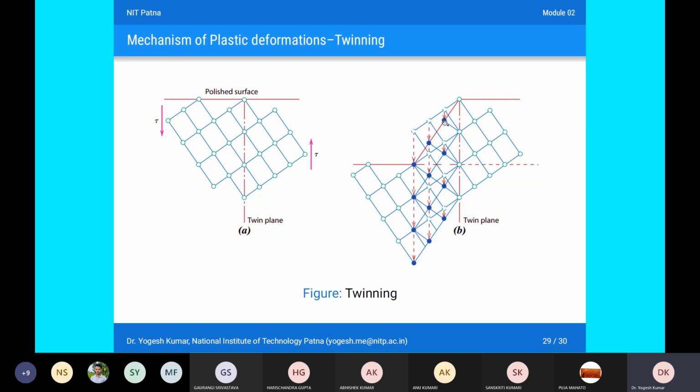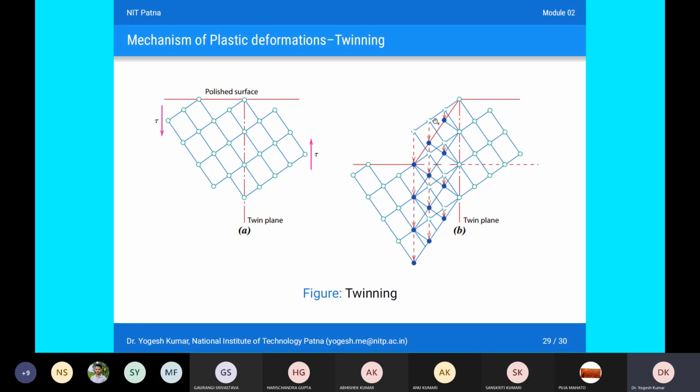The right hand side figure represents the movement of atoms along the slip plane. This is also responsible for plastic deformation, because this movement of atoms is permanent, and that is why the deformation is permanent.